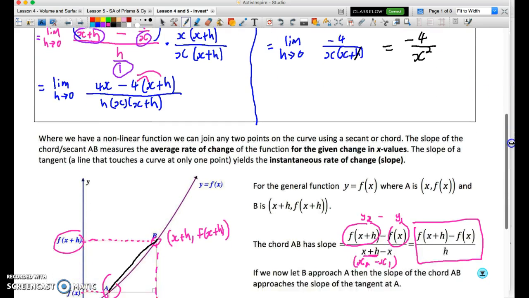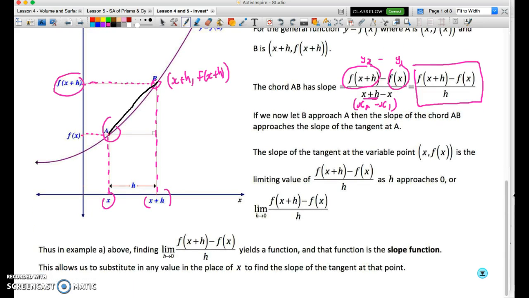Okay, and so if you come back down here, then the last piece is just to connect this to the idea of slope. Right now, AB is going to give us the average slope between points A and B, and what we're actually interested in doing is finding the exact slope of the function y equals f of x at point A. And so what we can do is take B and move B progressively closer to point A, which effectively means the h value would be reduced.